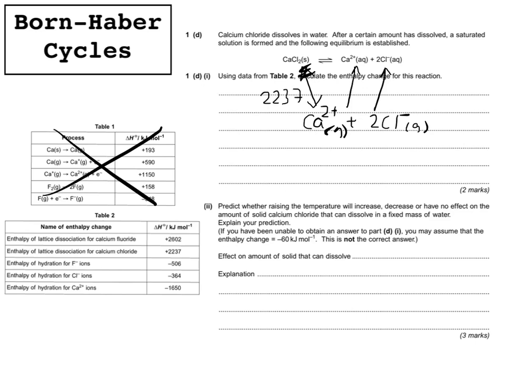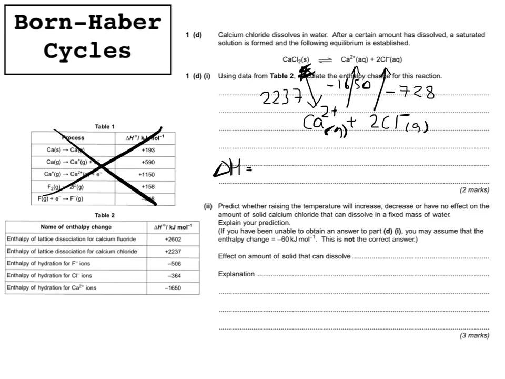Dissociation going from CaCl2 to Ca2+ and 2Cl⁻. Then the hydration for Ca2+ is minus 1650. And the hydration for 1 Cl⁻ ion is minus 364. So two of them is 2 times that. So that's going to be minus 728.